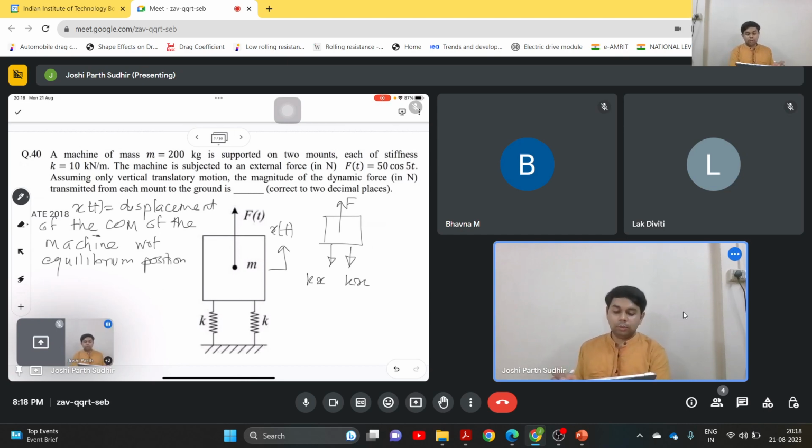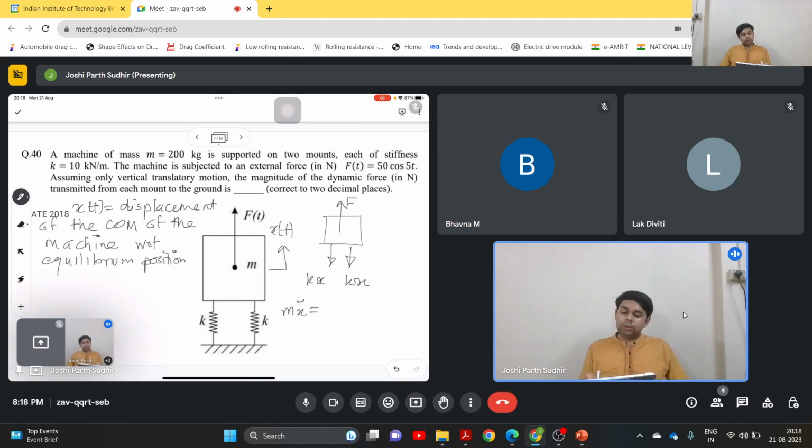Then the two dynamic forces acting on it will be basically the two spring forces, and since we have assumed the displacement of the center of mass of the machine with respect to its equilibrium position, we do not need to consider the weight of the machine in the free body diagram. Then we can write down the equation of motion as m x double dot.